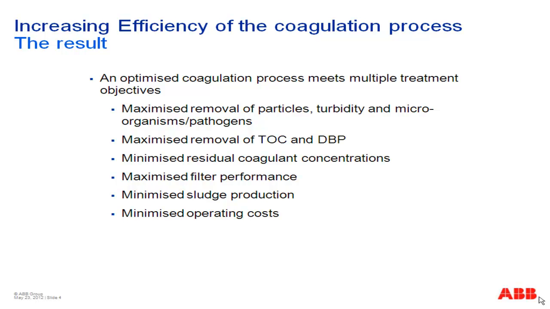But in most cases where we've put in automatic systems, we've taken filter run times to 48 hours. We did stretch some up to 72, but it got a bit sensitive, possibly pushing it a bit too far. But we have in lots of cases been able to double filter run times, and the savings in that alone are huge. And then obviously minimise sludge production and minimise operating costs.